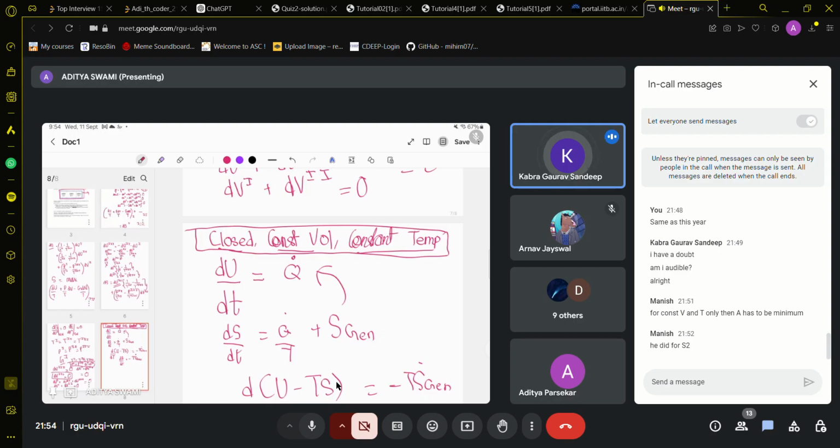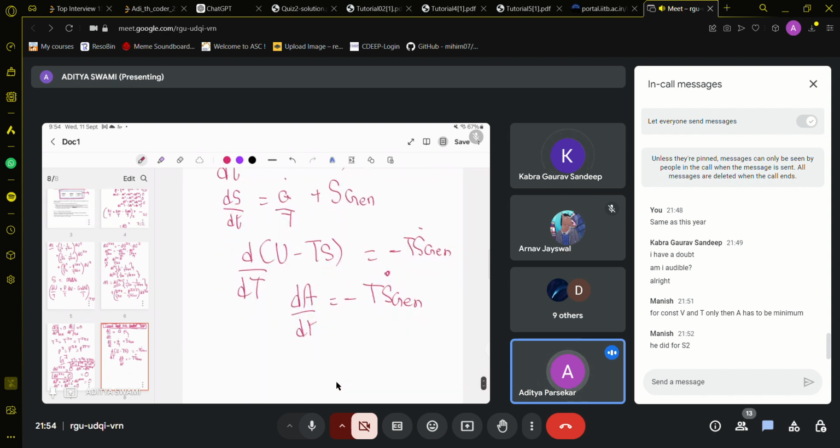From this manipulation, you'll end up with a sensible dA by dt is minus T S gen, and from basic calculus you can understand this is decreasing. For constant pressure, similarly, you'll get G is minimized, and for constant pressure and volume, I think we'll get H. I think that's fine.